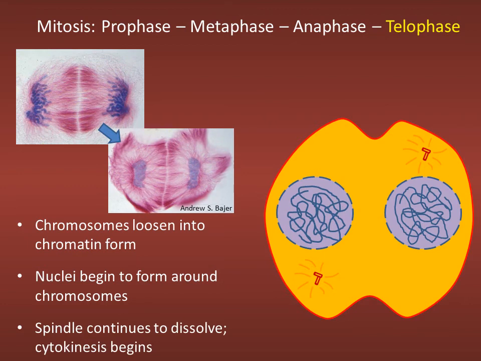Again, it's highly variable among cells and species, just the extent of the spindle disappearance in this phase. But we would normally draw them as simply retracting back to their centrosomes. And also we start to see the beginning of cytokinesis, the division of the cell. This is going to be different for an animal versus a plant cell, and what we have depicted here is an animal cell.